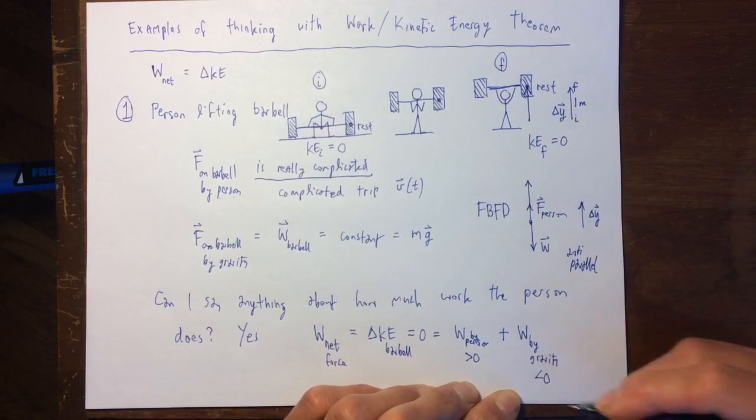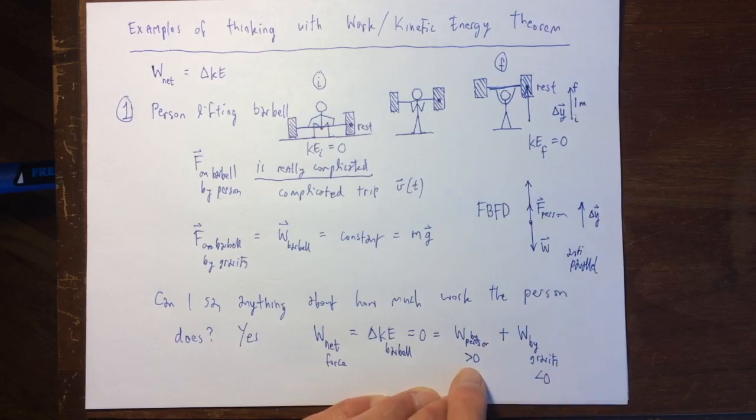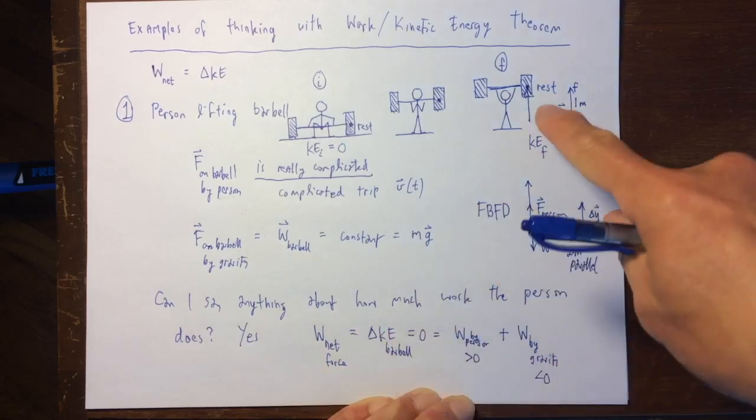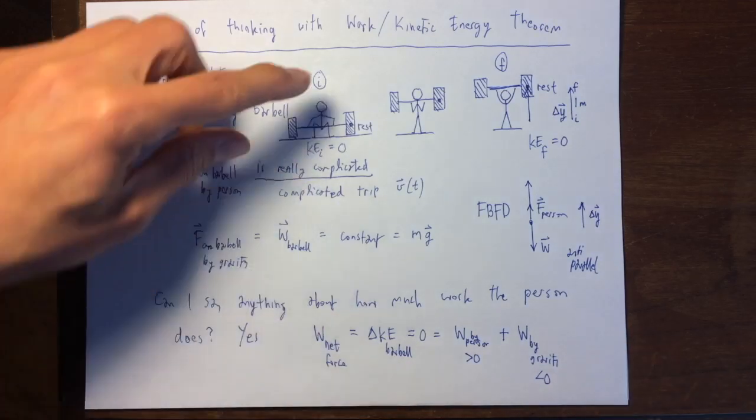So that's the negative. And this negative work done by gravity and this positive work done by the person add up to no ultimate work being done. And therefore the barbell can't, from here to here, have gained or lost any kinetic energy. So this is an example of just thinking with the work-energy theorem.